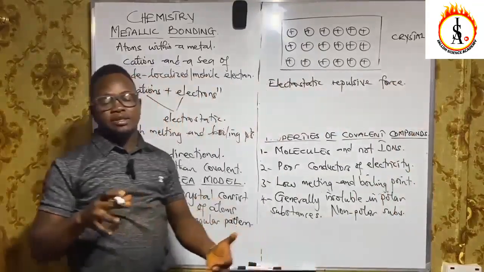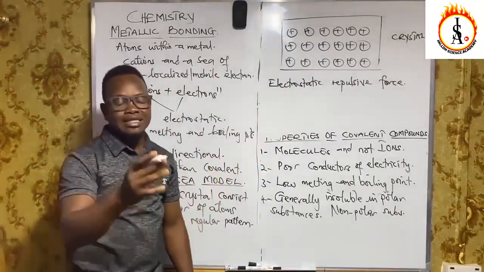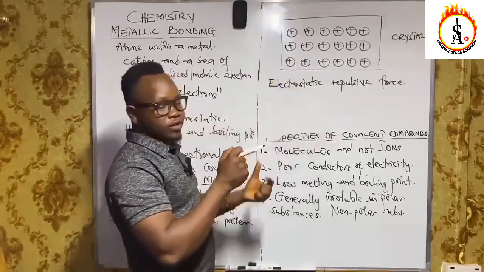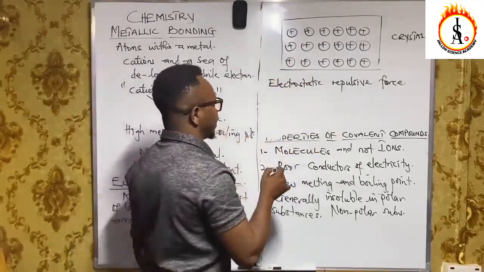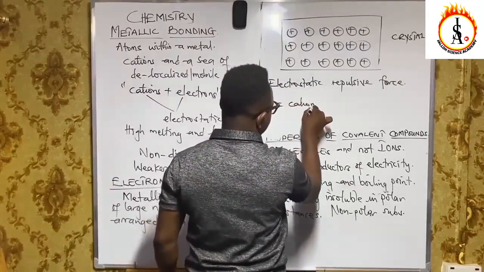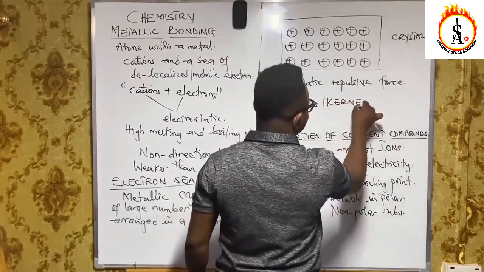So the electrostatic repulsive force will burst this lattice asunder. But now, what acts as a cushion and what acts as a glue which holds these positive kernels together? These plus signs are the cations, or you call them the kernels.